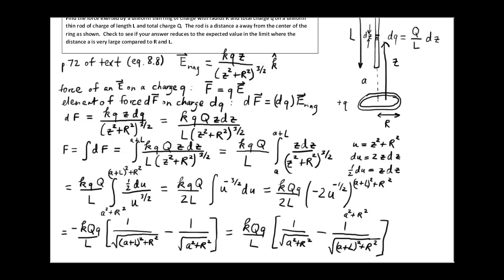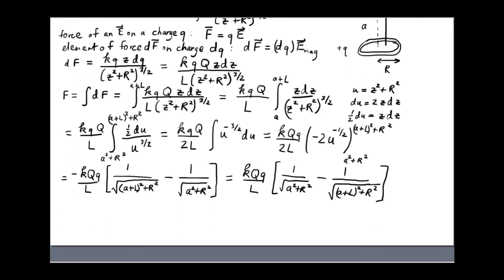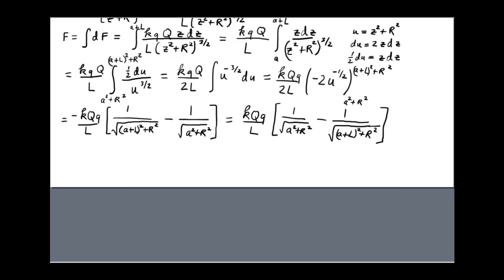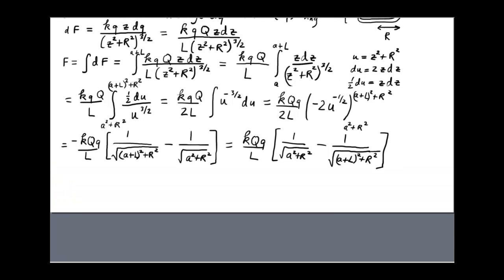And we ought to expect from previous work that if you take two charged objects and pull them really far away compared to their sizes, that we should get back a result which looks like the force between 2 point charges.